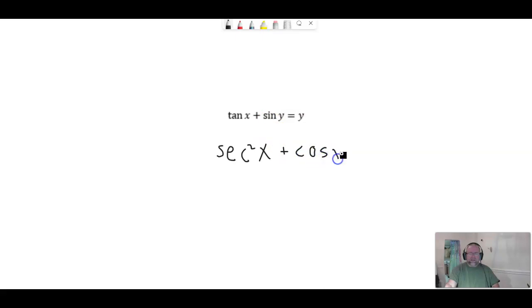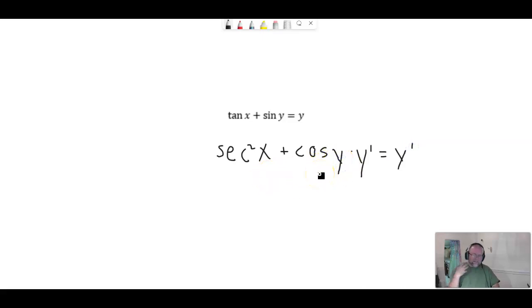But I did just take the derivative of something other than x, so I need to multiply that by a y prime. And then that's equal to the derivative of y, which is 1. But again, I just took the derivative of a y, so I have to put 1 times y prime, which is just y prime. So I get this.